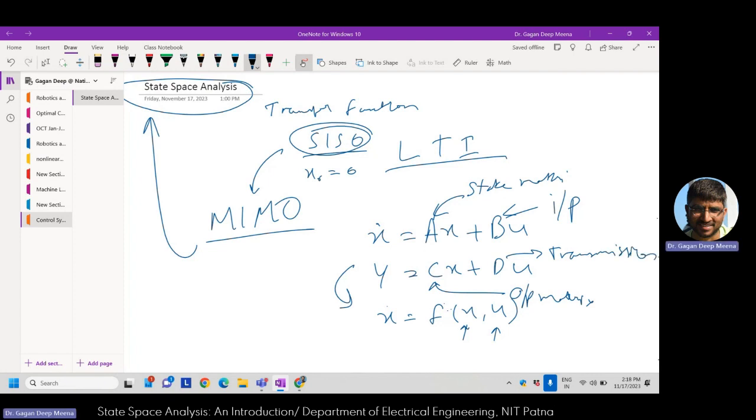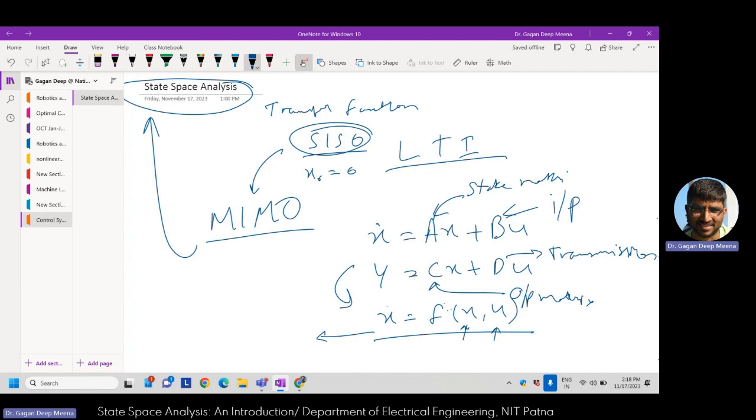So we generally represent linear systems and nonlinear systems. In case of the nonlinear system, we don't have a clear representation of state space in the form of matrices, because you tend to not write matrices in case of nonlinear systems.